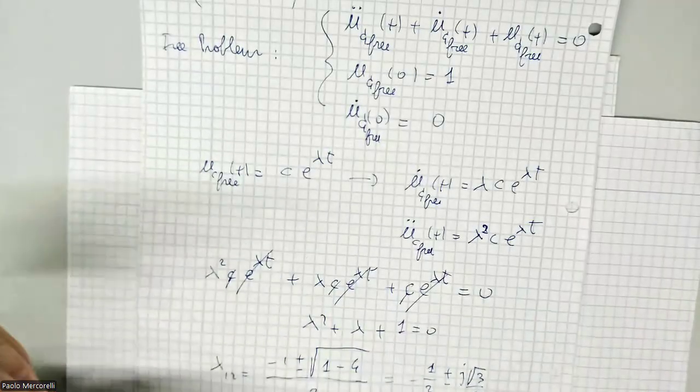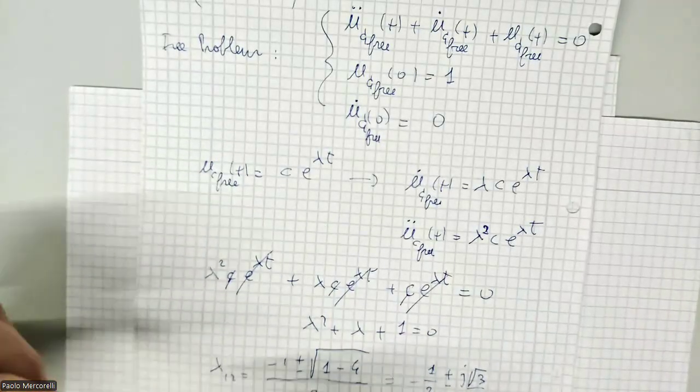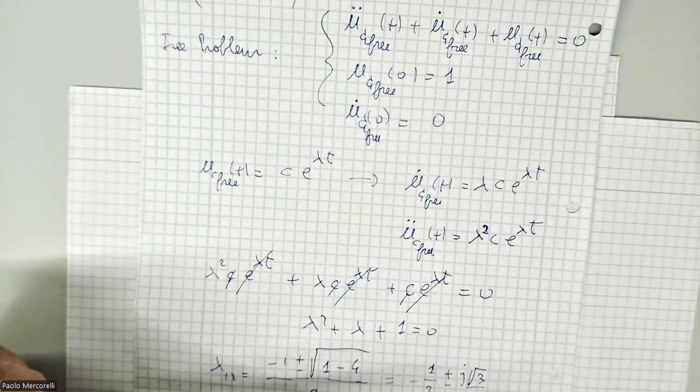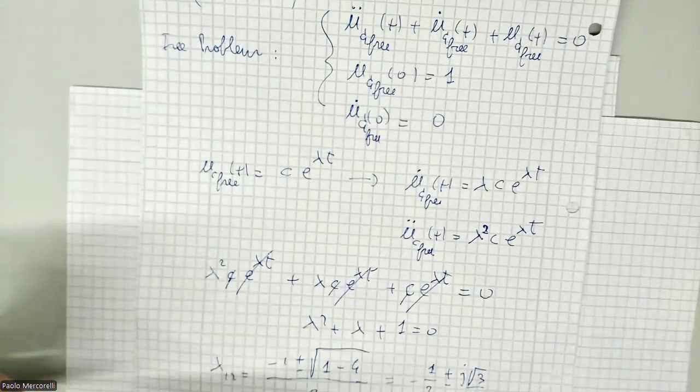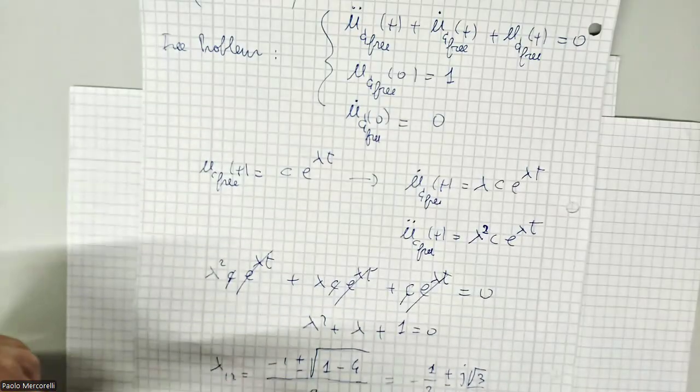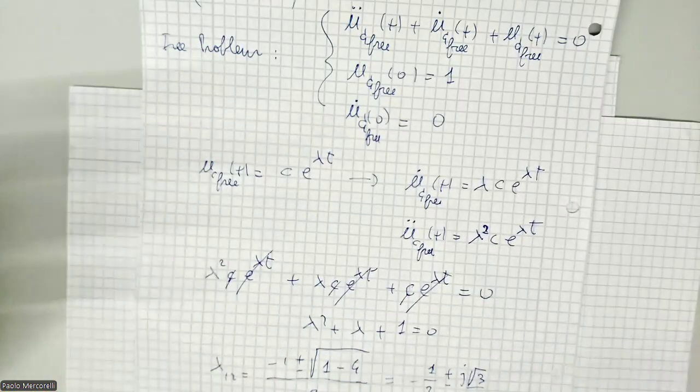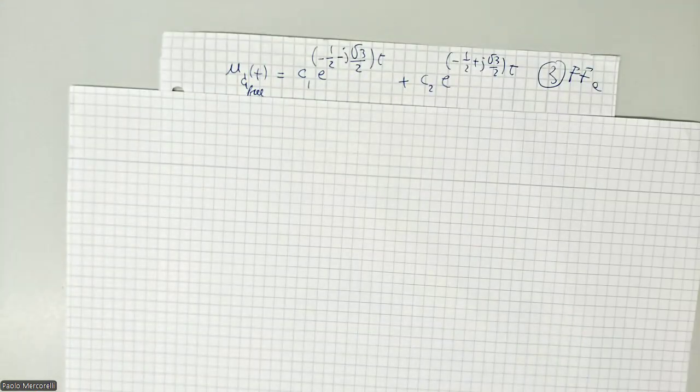The system is linear. This means also the sum of these two exponential functions is a solution of the differential equation, because we are in the case of a linear differential equation.